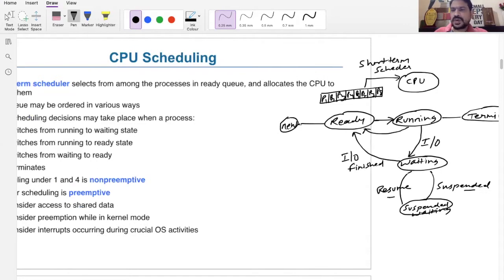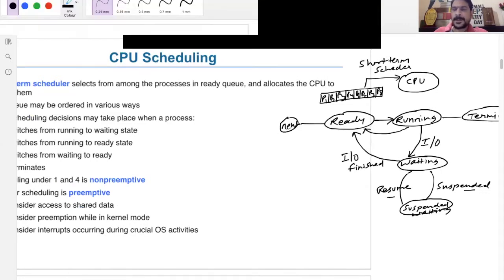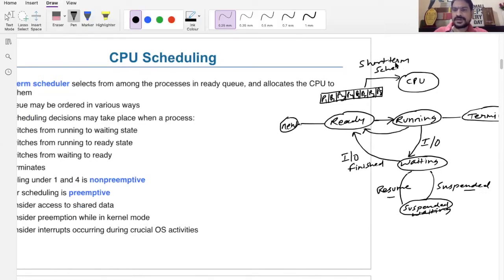So the short-term scheduler will decide which particular process has to go from the ready state, or from the ready queue, to the CPU, or be allocated the CPU.